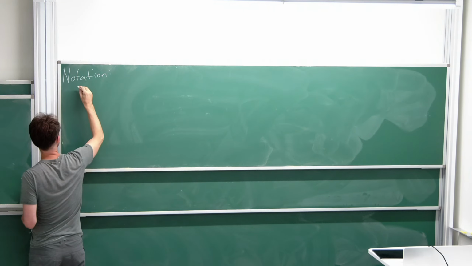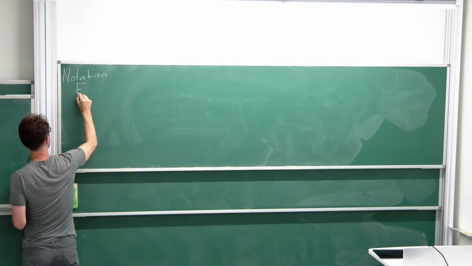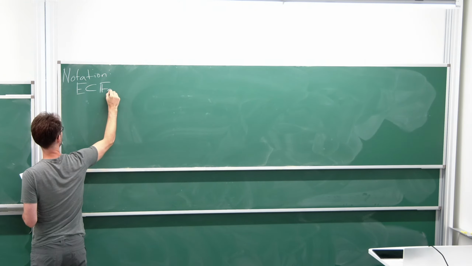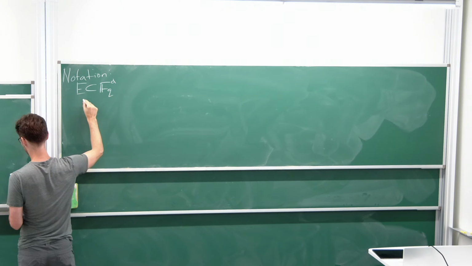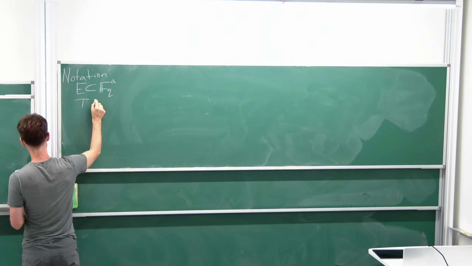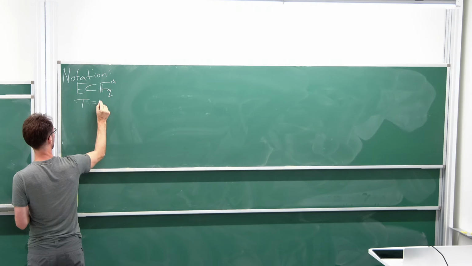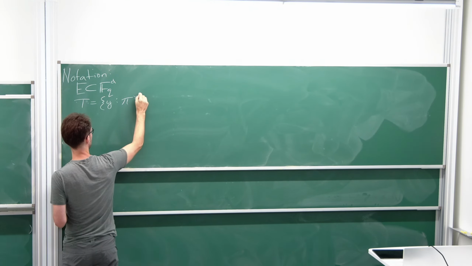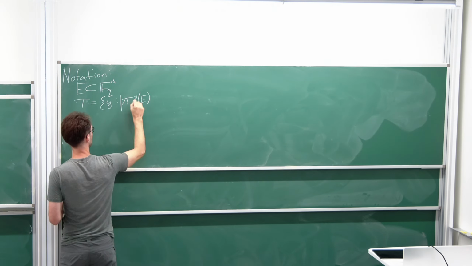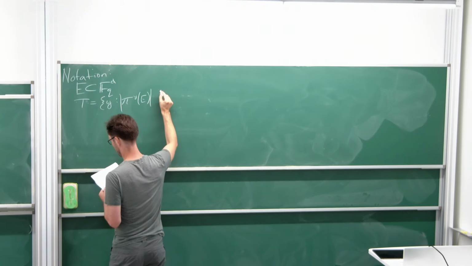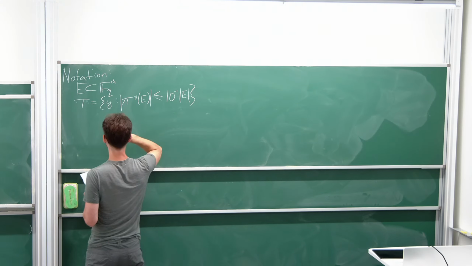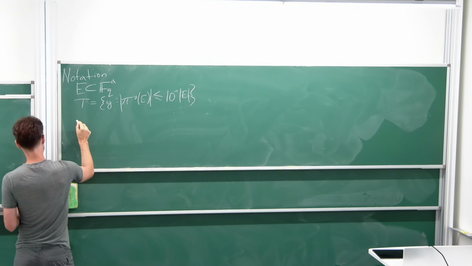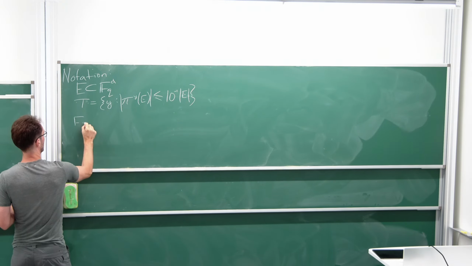So let me just fix some notation. E is going to be some set in finite space. T is going to be the exceptional set with regard to E. So it's the set of points Y such that the projection of E from Y has size at most 1/10 of |E|.